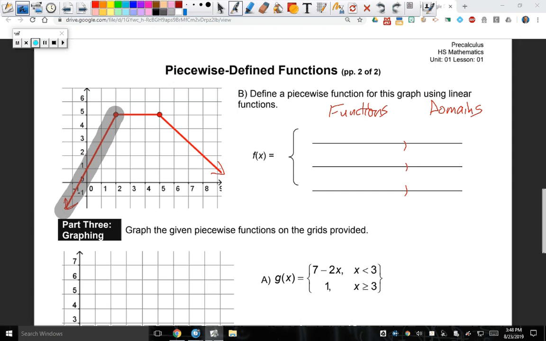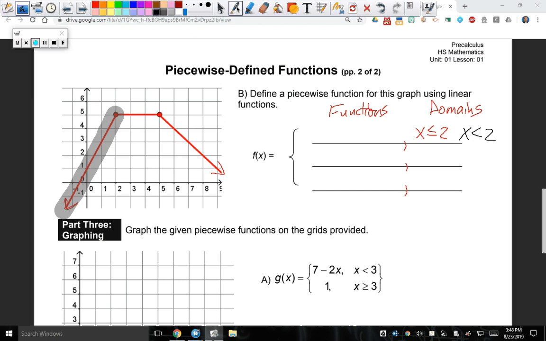I would say x's that are less than or equal to 2 before you start saying anything. Some of you might have said x's that are less than 2, and that's okay as well. Because some of you are not including 2, some of you are including 2. You just have to be consistent throughout the rest, and I'll get to that in a minute.